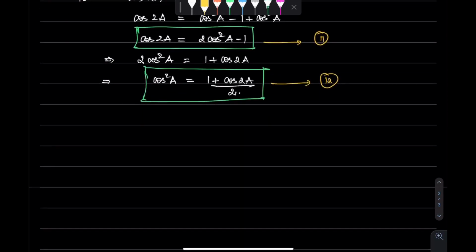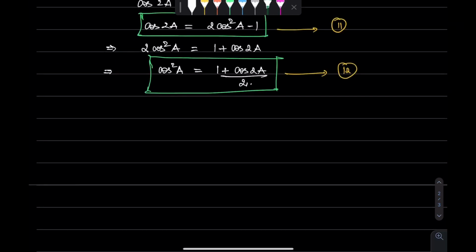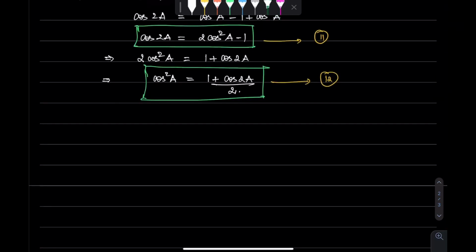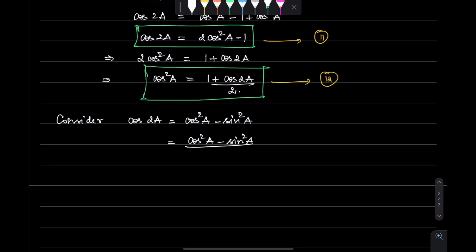Now my another task is to represent cos 2A in terms of tan. So again consider cos 2A. What is cos 2A, children? Tell me. Exactly, cos square A minus sin square A. Since the denominator is 1, I can write it like this, cos square A minus sin square A over 1. I hope it makes sense.